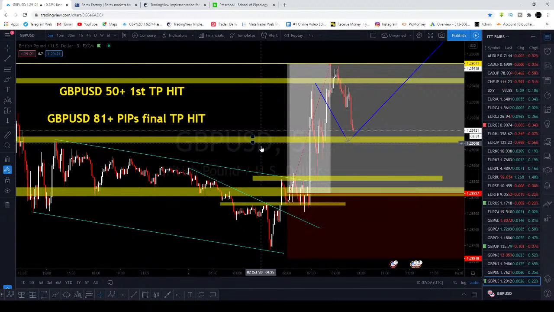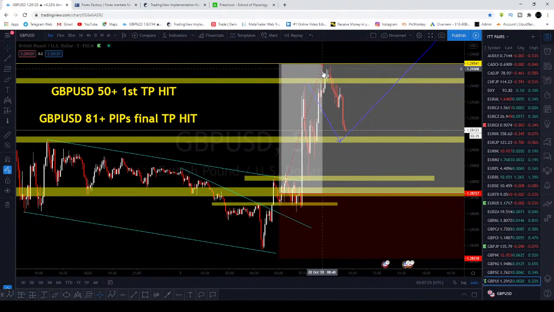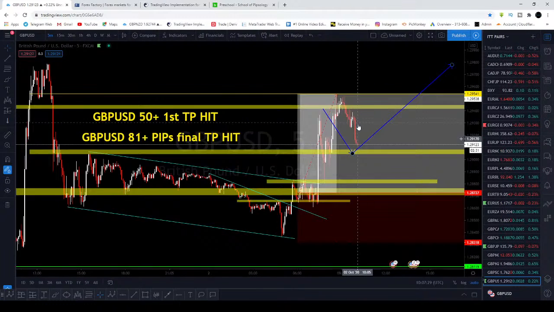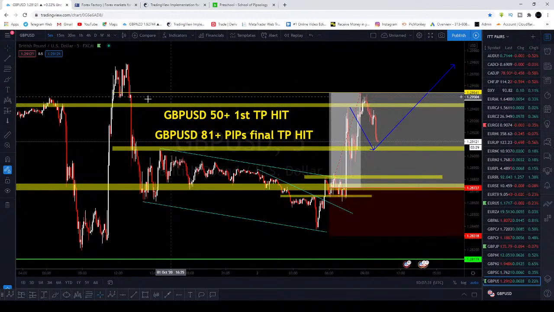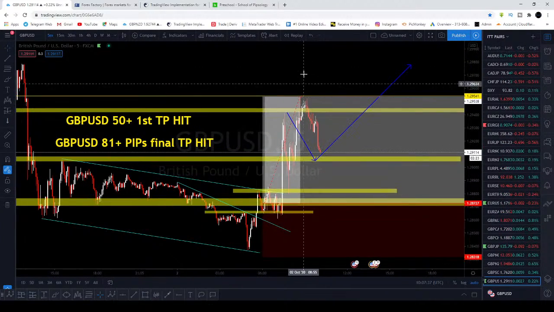Don't try and chase the market, man. Except you are a scalper. You know, scalpers, they chase the market. I have an idea that when it hit our last take profit, it's going to go to the downside based on where my resistance level is. So let's see what will happen right now.